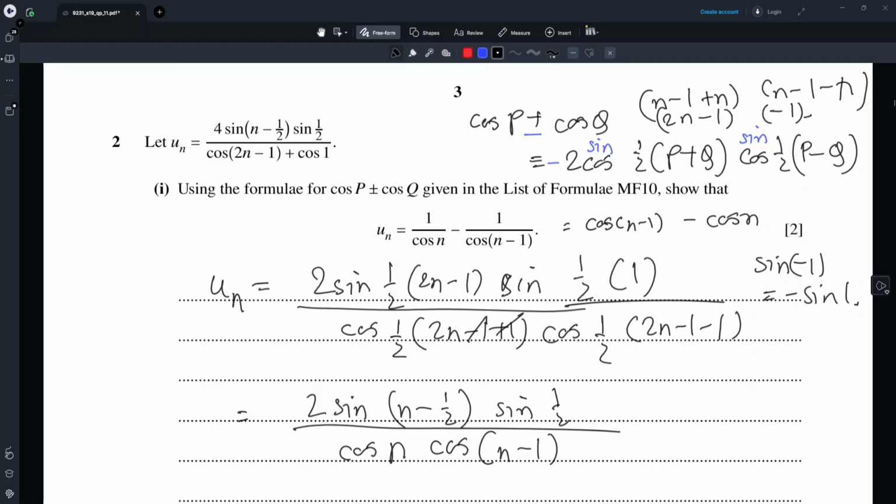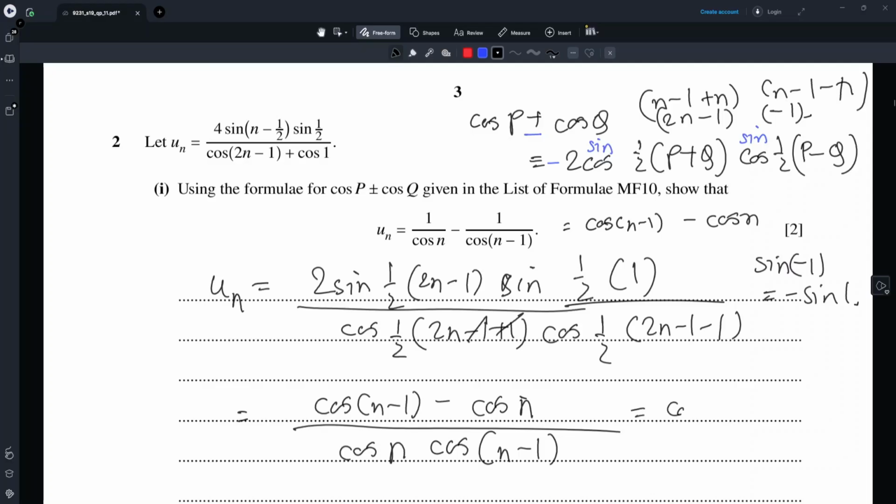Because I have a minus 1 here, this 1 actually gets removed. This minus actually gets removed to become plus. All right. Then I can multiply that plus with this one right here. Then this eventually becomes cos n minus 1 minus cos n. Then this is exactly the same as this by this minus this by this.